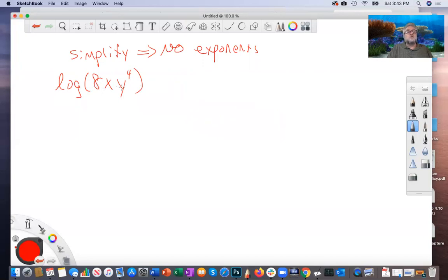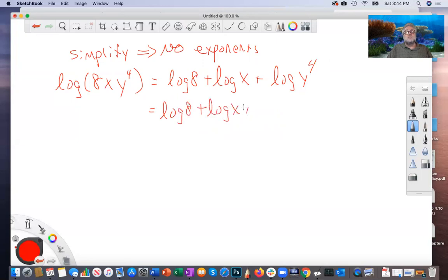It says when I'm multiplying inside here, I can change it to addition. Log 8 plus log x plus log y to the 4th. Oh, and then I've got to do the exponent rule here. Log 8 plus log x plus 4 log y. And this is this thing expanded and in its simplest form. Okay?